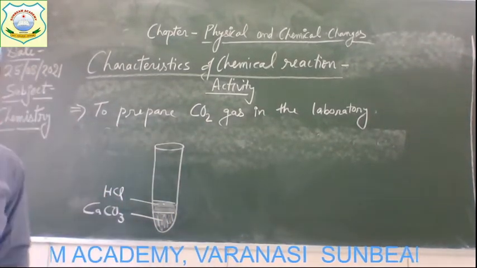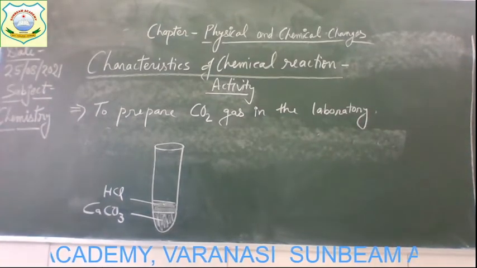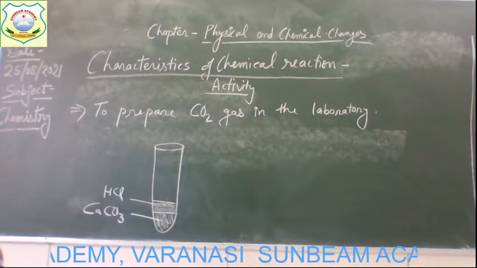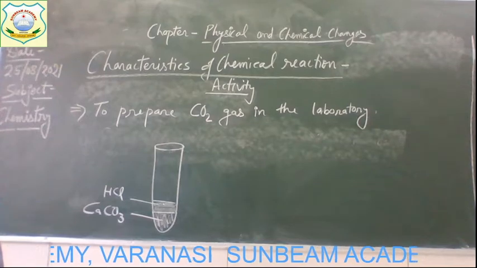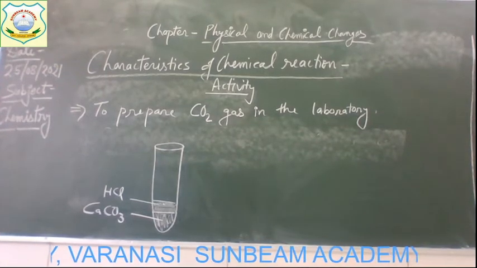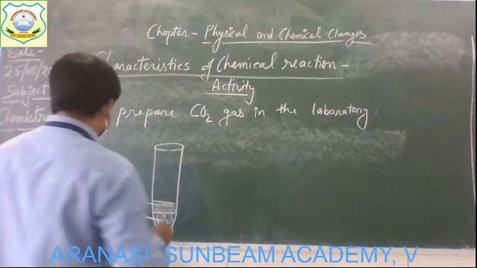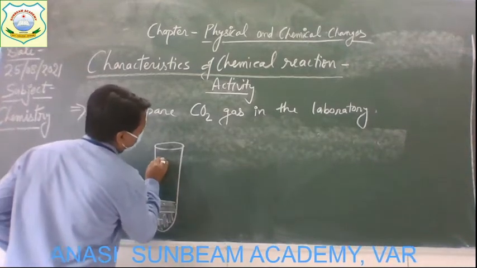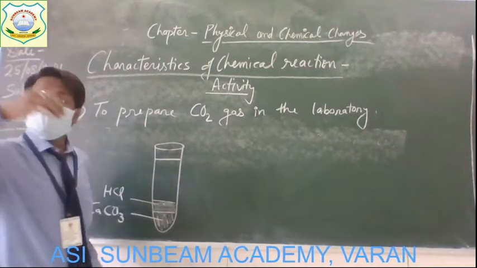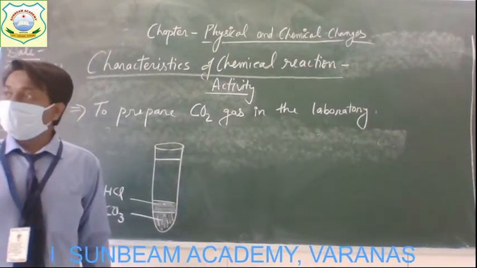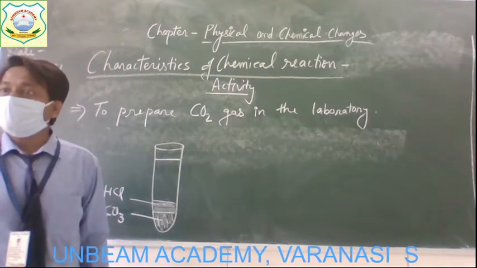So both the substances, hydrochloric acid and calcium carbonate, get mixed in the same test tube. However, this test tube must be closed. Its mouth must be closed with a cork, with a stopper, or with a lid, you can say that.